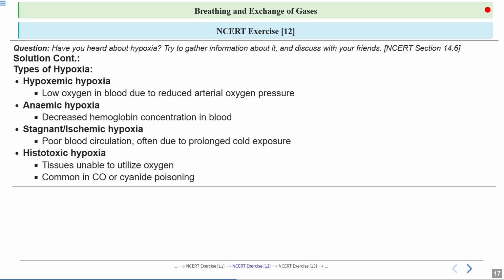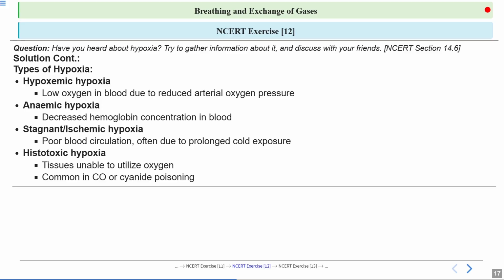How is it dangerous? I've told you this: once carbon monoxide gets combined with the hemoglobin, it will not get dissociated. You must have seen that oxygen gets combined with the hemoglobin, right? And it gets dissociated when it reaches the tissue. Carbon dioxide also gets combined with the RBC, with the hemoglobin, as carboxyhemoglobin.